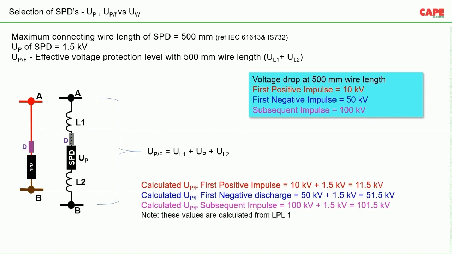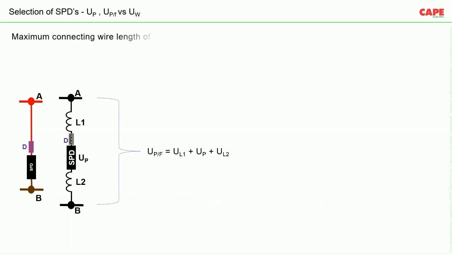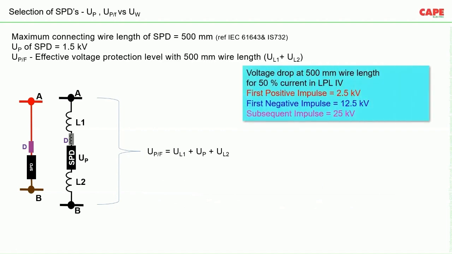And again, these values are calculated for LPL level 1. We have also made a calculation as per LPL level 4, which I am also going to show. So let us consider a wire length of 500 mm, and we have considered 50% current in LPL 4.